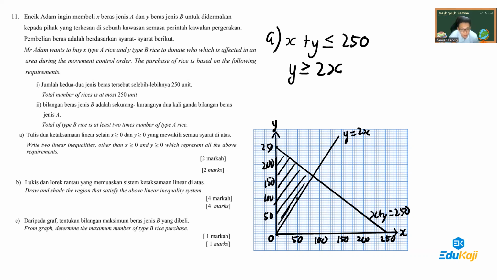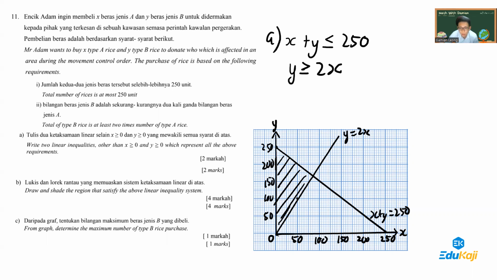Then from the graph, determine the maximum number of type B rice purchased. Type B is Y, so maximum Y. Okay, wait on.